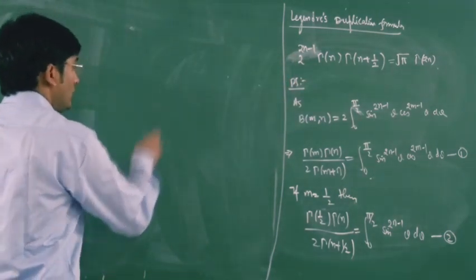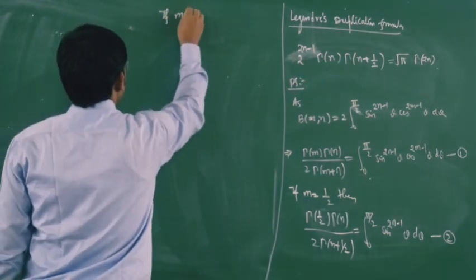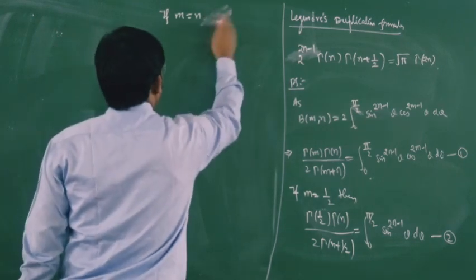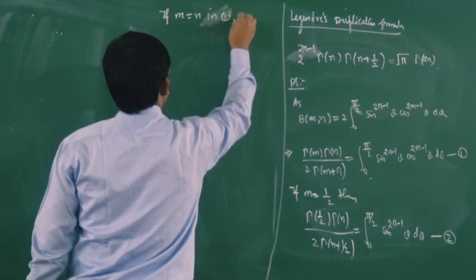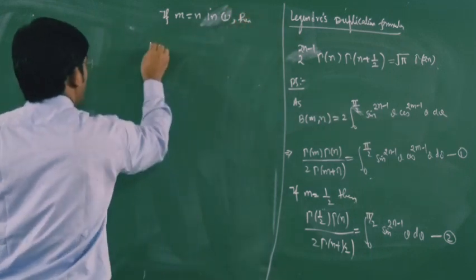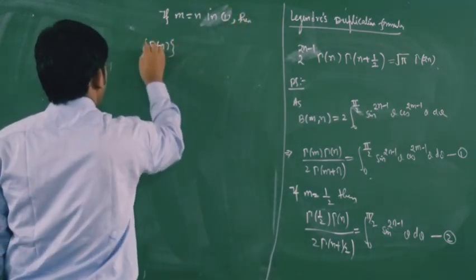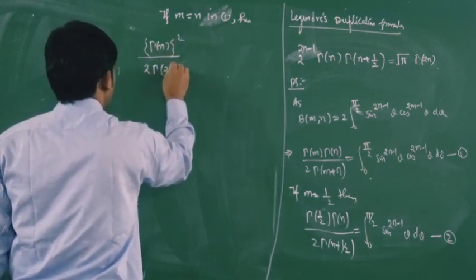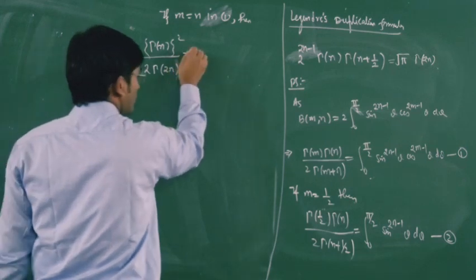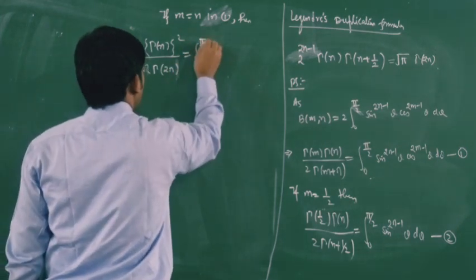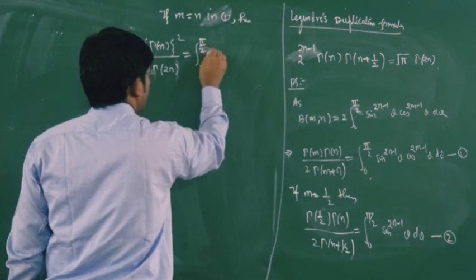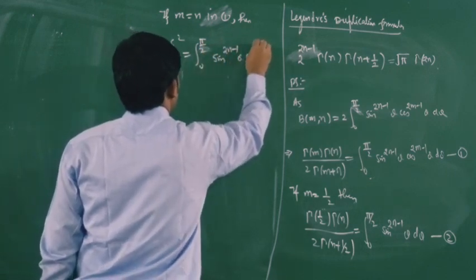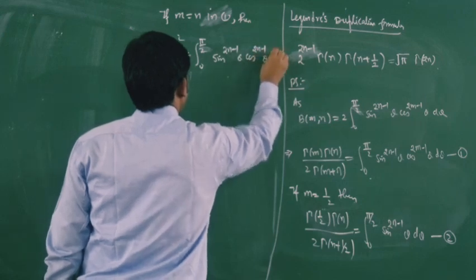Now if m equal to n in equation number 1, then we have gamma n whole square divided by gamma 2 times gamma 2n equal to integral 0 to pi by 2 sine 2n minus 1 theta into cos 2n minus 1 theta d theta.